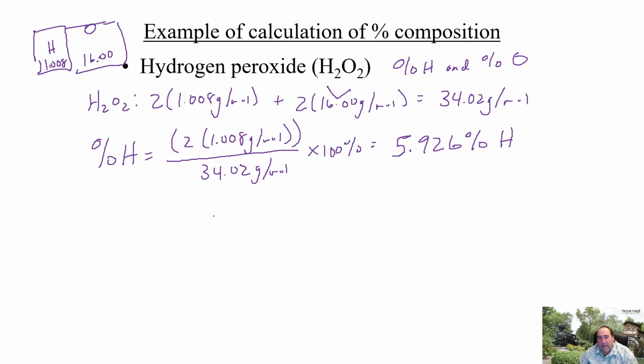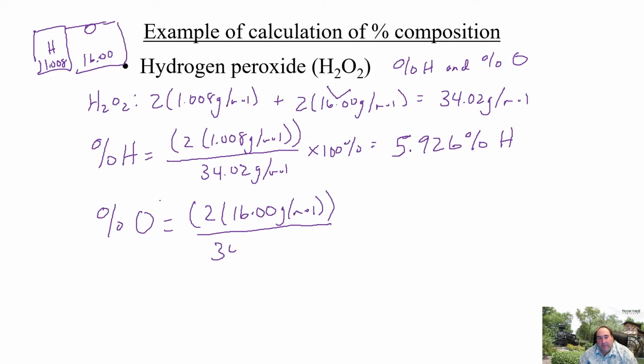There we go. We could do the exact same calculation for our oxygen. There are 2 times 16 for our oxygen that's present in this compound. We're going to divide it by the molar mass of the entire thing, which is 34.02 grams per mole, and times it by 100% there.